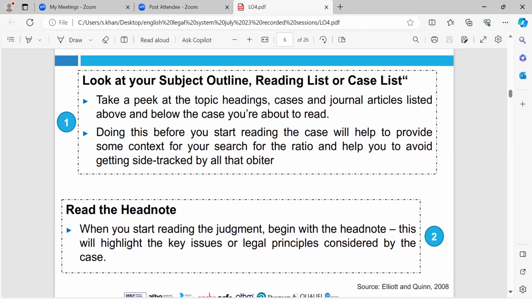Doing this before you start reading the case will help to provide some context for your search for the ratio and help you avoid getting sidetracked by all the obiter.